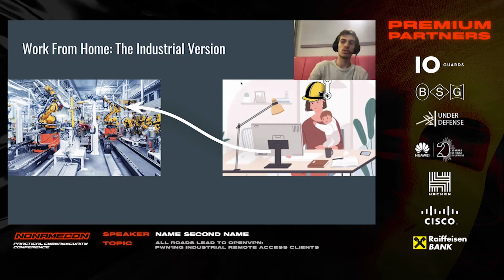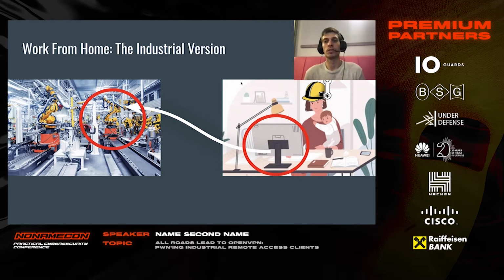So she's using VPN software on her computer, on her private machine. And using this software, she is able to connect through a VPN tunnel to the network, and she's able to control the robotic arm. Since many researchers are trying to find vulnerabilities in the VPN servers, we tried to focus this time on Rachel's machine.